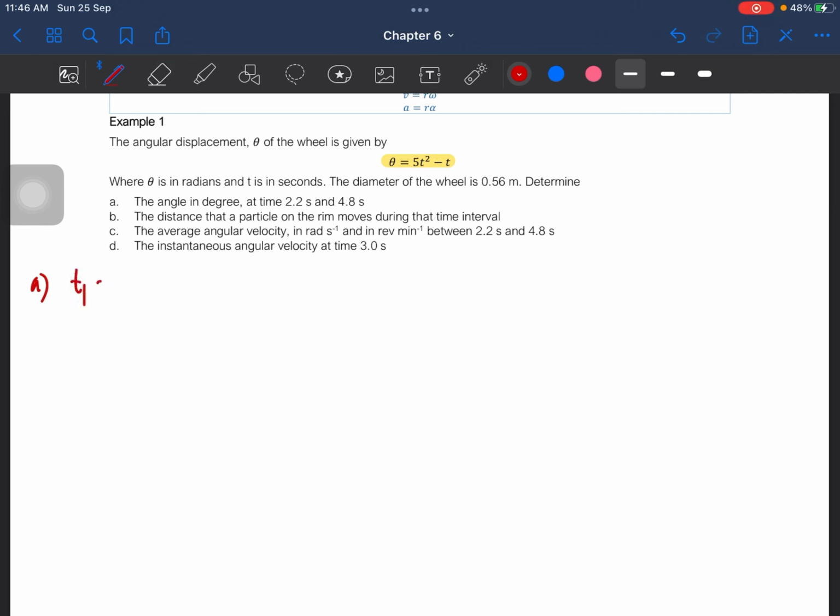For question A, we just substitute the value of t into the equation given here. First, t equal to 2.2 seconds, so theta 1 equals 5 times 2.2 squared minus 2.2. This gives you 22 radian. Since the question asks for degrees, you multiply by 180 divided by pi, which is 1261 degrees.